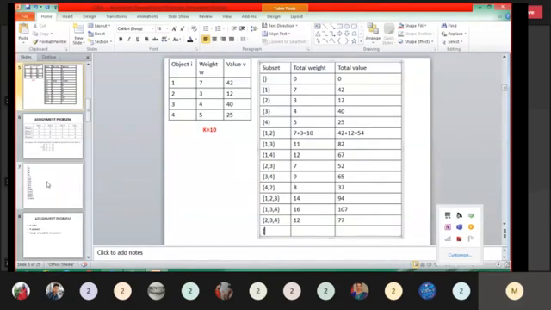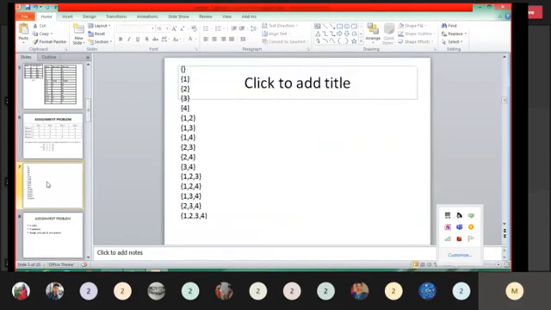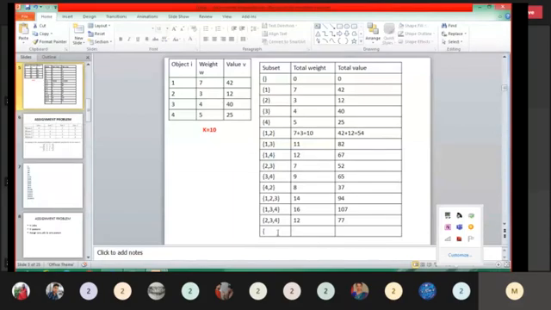What is the weight and value? Weight is 15. Value is 50, 75, 79. What is the next possible set?